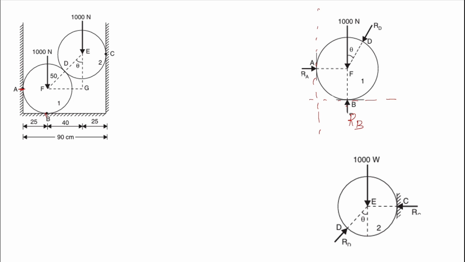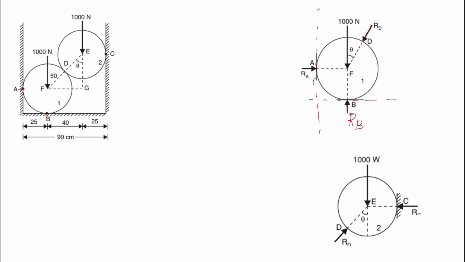And again, the first and second spheres have a contact at the point D, right? So when there is a contact, there is automatically a reaction. So this second sphere is giving a reaction to the first sphere. That is why it is marked in this direction, it is RD. All right, and its self weight is 1000 Newton. These are the forces acting on this first sphere.